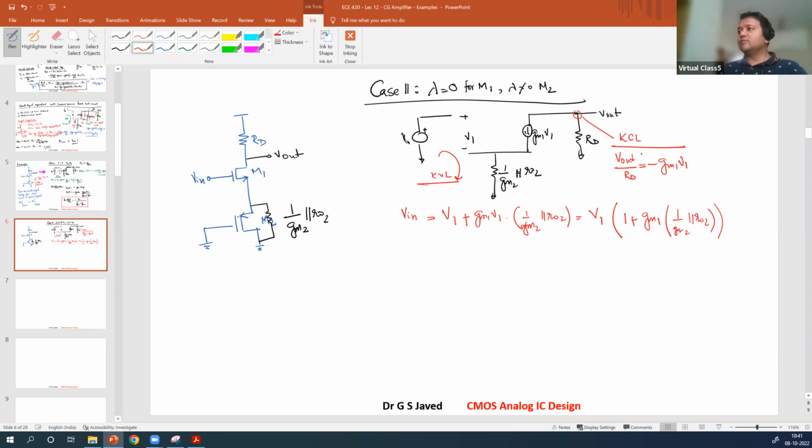So Vin, when you simplify both of that, simplification gives gain Av, that is Vout over Vin, minus RD over 1 plus gm1. Instead of just 1 over gm2, now you just replace it by 1 over gm2 parallel with RO2. So this is going to be the gain.